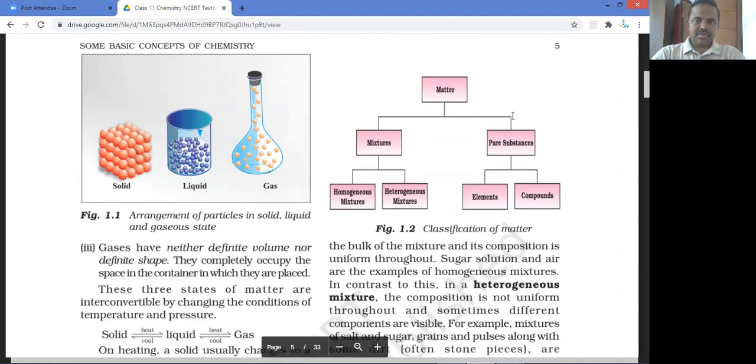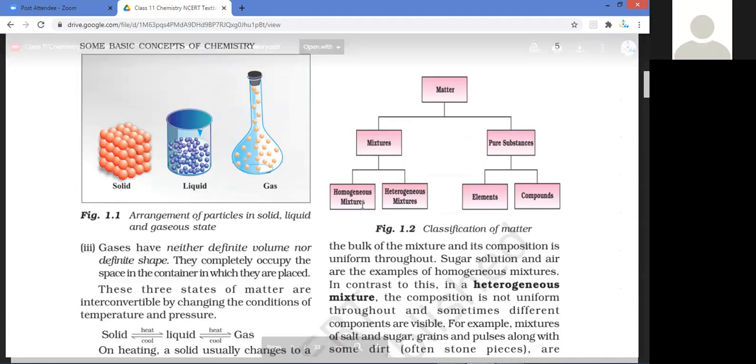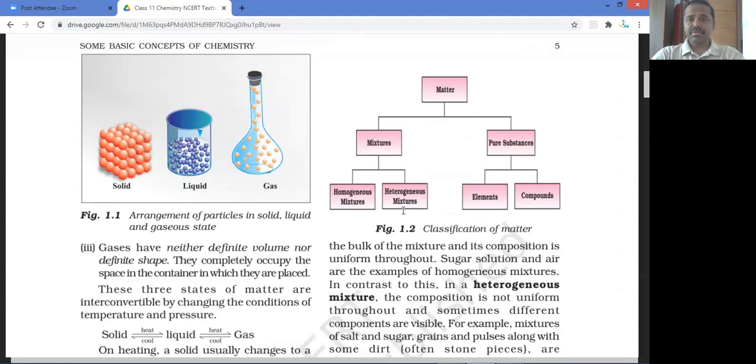For classification, matter is classified as mixtures and pure substances, and mixtures are homogeneous mixtures and heterogeneous mixtures. Homogeneous means it is of the same type, with similar composition.